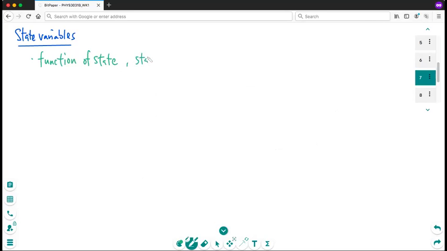They all mean the same thing, really. So the idea is the following. If I know the state of my thermodynamic system, let's say I'm at state A, then I can write a list of variables. They are fixed, they are unique to this state.